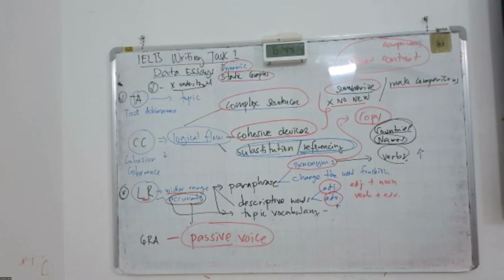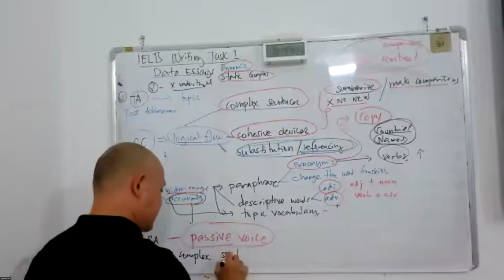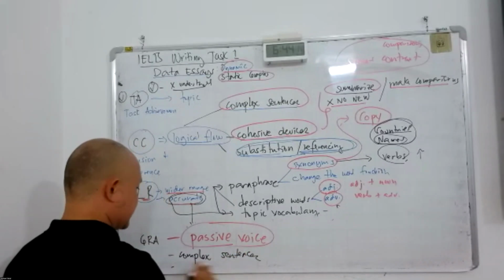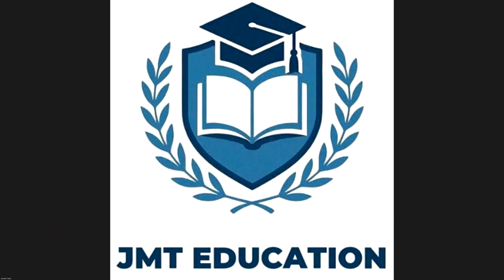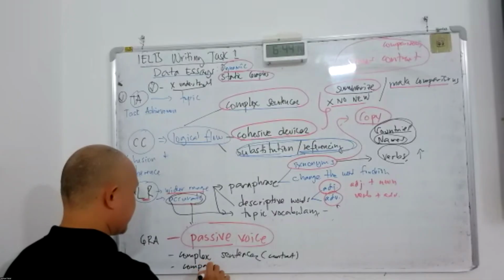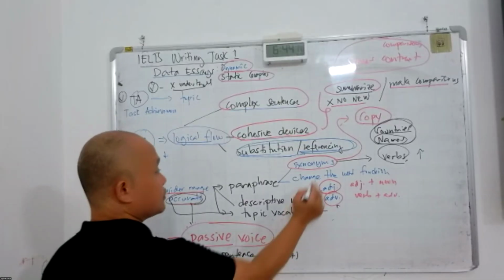So again, we have discussed earlier the use of complex sentences showing contrast, and comparisons, cohesive devices that show comparisons. And we also discussed the effective use of reference.